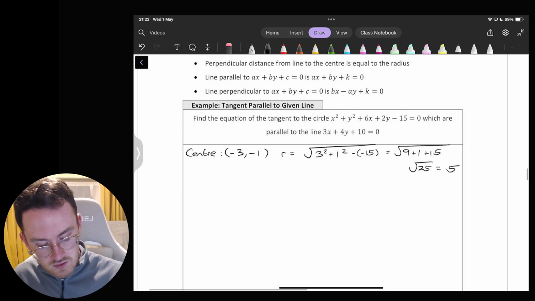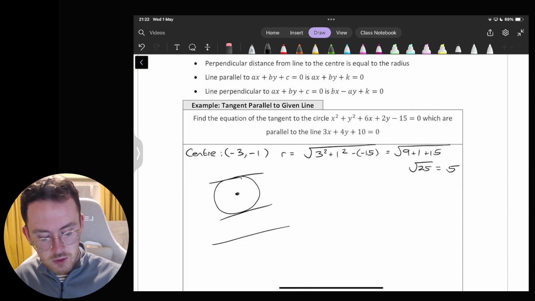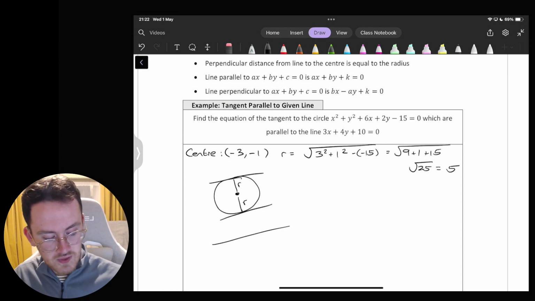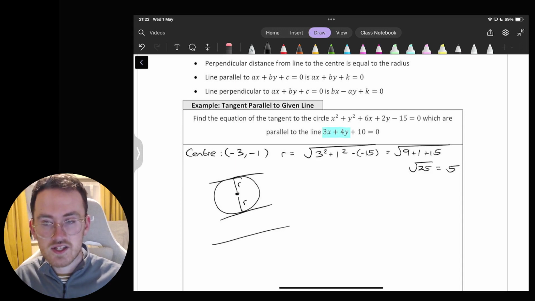What we're looking for is a circle here and two lines that are going to be parallel to this other line that we have. So both these tangents are going to be parallel to each other, and the distance to the center still should match up with the radius. The two lines that I want have to be parallel to this line, which means the 3x plus 4y is going to be identical.